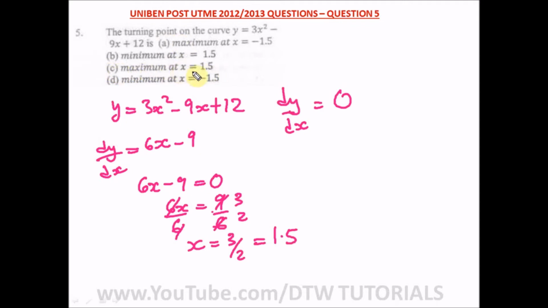Okay, it's maximum at x equal to 1.5, since it's positive. Okay, and on a curve, if we have one point produced, it is maximum for the positive value and minimum for the negative value. So since this is a positive value, our right option is option C. So it is maximum at x equal to 1.5.